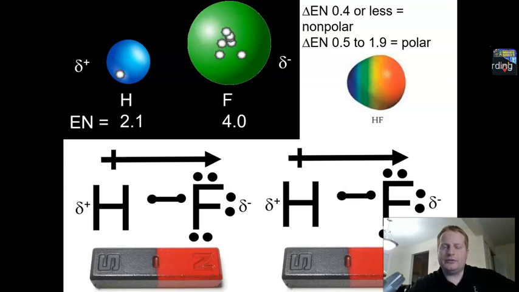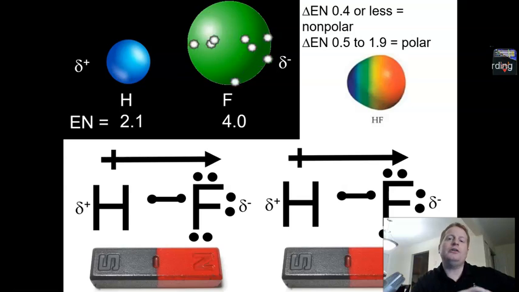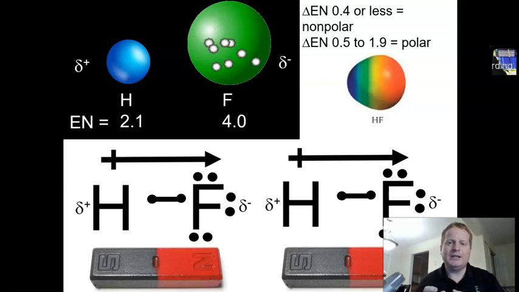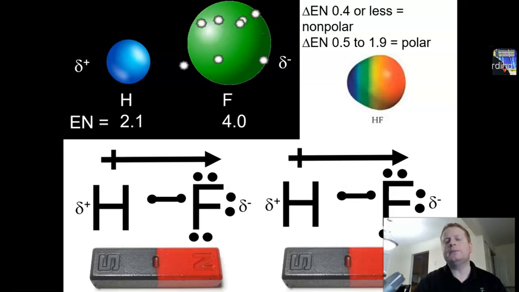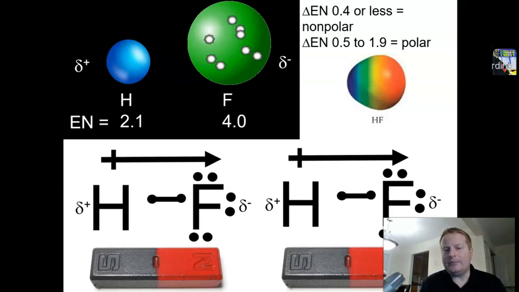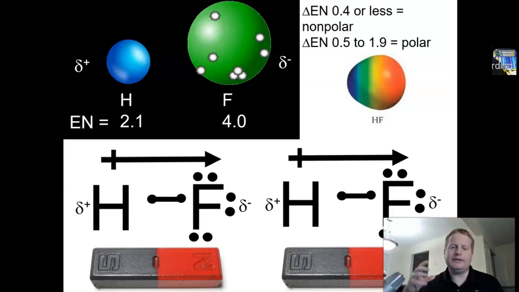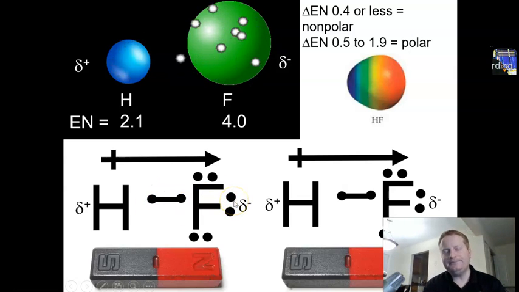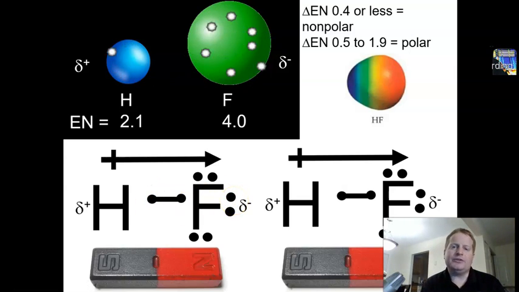A molecule is defined as being polar if there's an asymmetrical electron distribution. In other words, if you look at the entire molecule and all of its bonds included, and you realize that the electrons are distributed to one side of the whole molecule, then it's going to be a polar molecule as well. So in the case of HF, it just so happens that the only bond is that one bond. So in the entire molecule, since the electrons are staggered to the fluorine side, that makes the molecule itself polar.